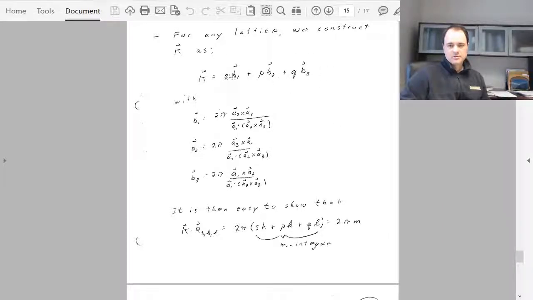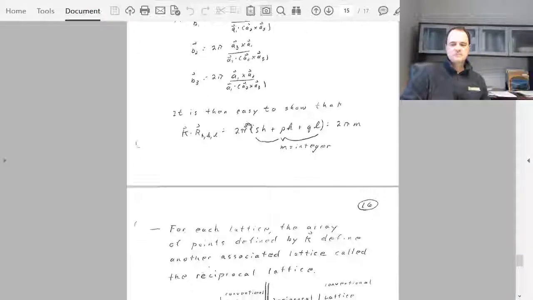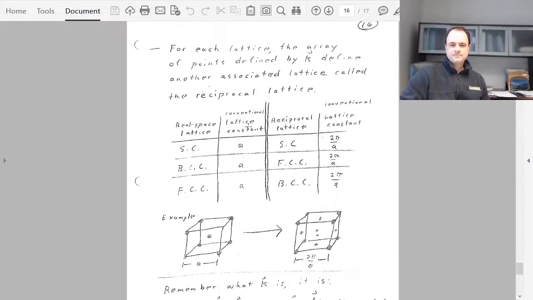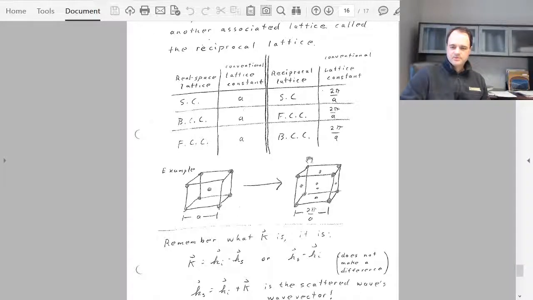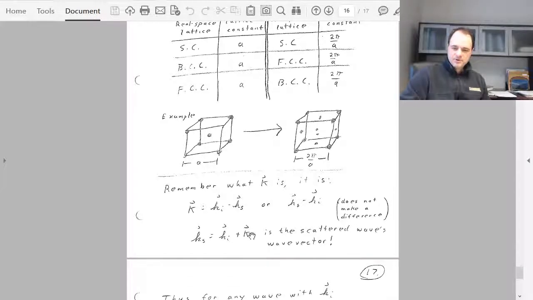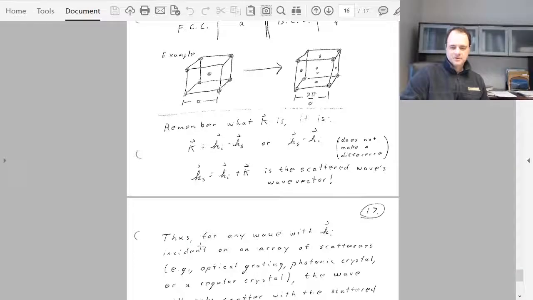An integer times b1 vector, an integer times b2 vector, an integer times b3 vector, with b1, b2, b3 vectors being given by this. Those three are in terms of the primitive real space translation vectors. Once we did that, we could get these possible K values that we then put into this equation right here to get the possible scattered components.